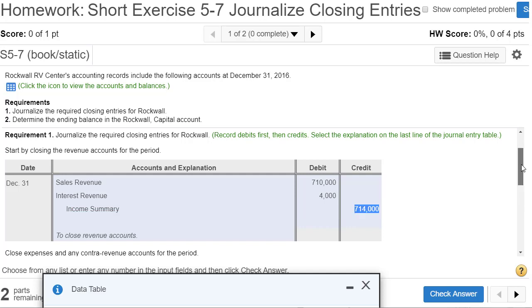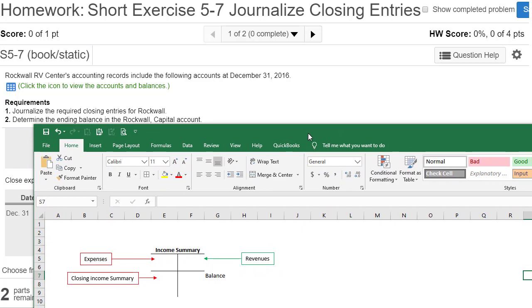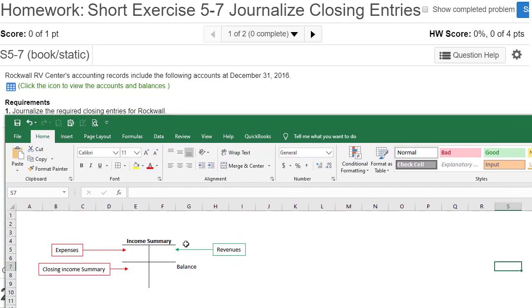On a piece of scratch paper, I recommend that you put $714,000 on the right side of the income summary account. In my case, I can't have scratch paper on the video, so I'm going to put $714,000 in the income summary, and remember that's revenues.